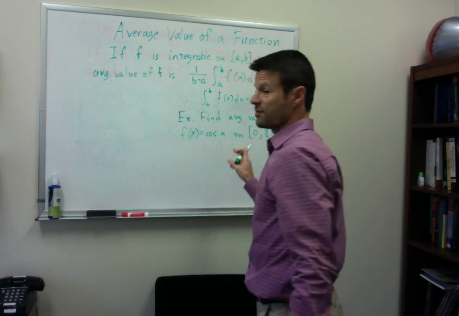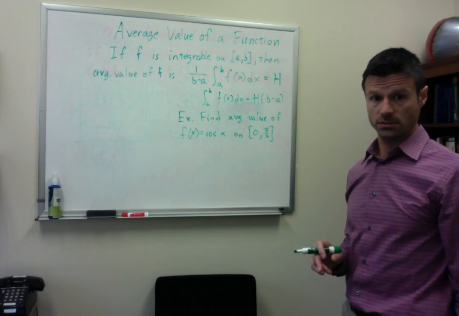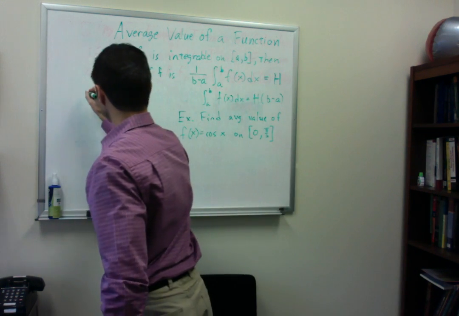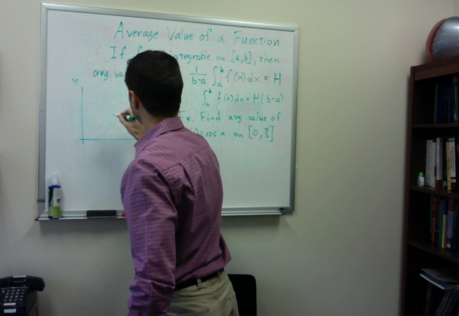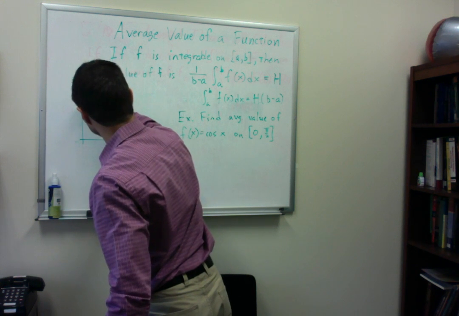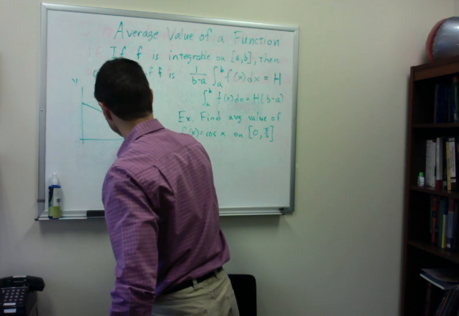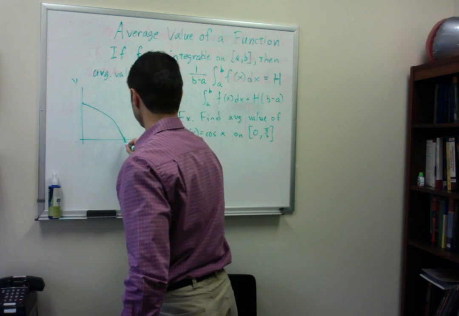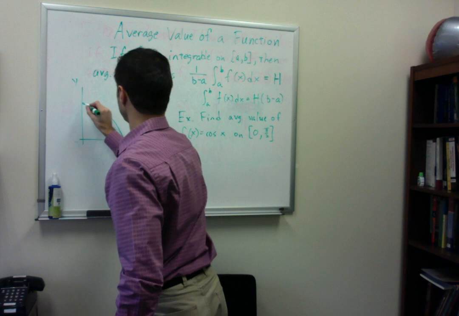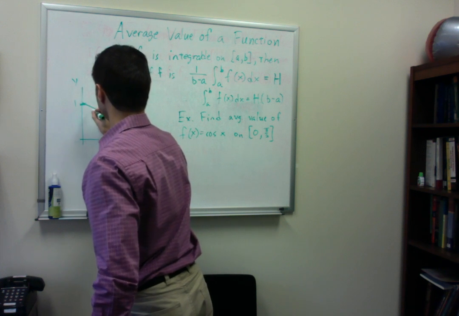But what we want to do is find the average value of cosine on that interval. So the picture would look like this. So cosine starts at 1, and it goes down to 0, and it looks something like that. Okay, so this is pi over 2. This here on the y-axis is 1.